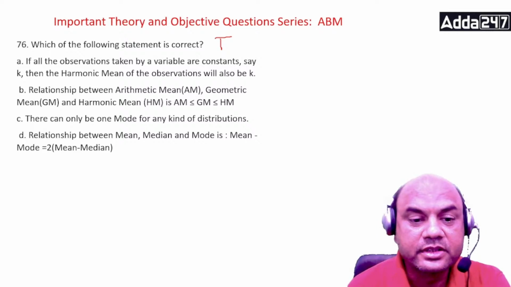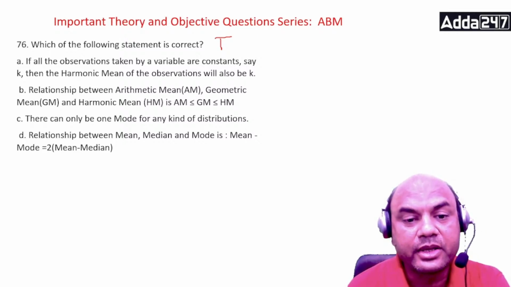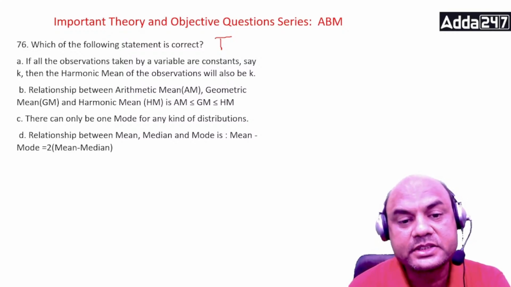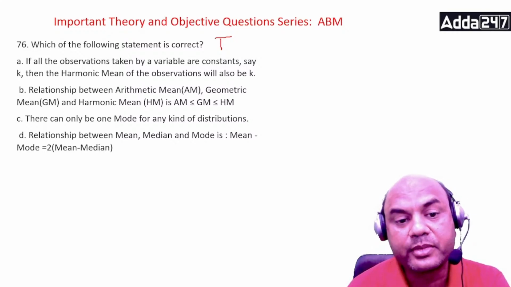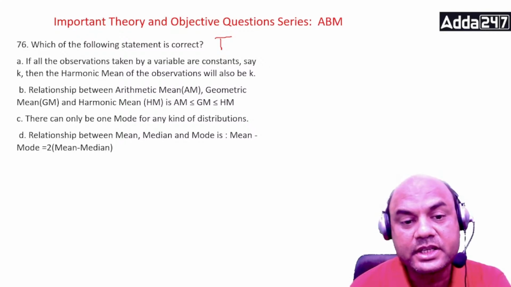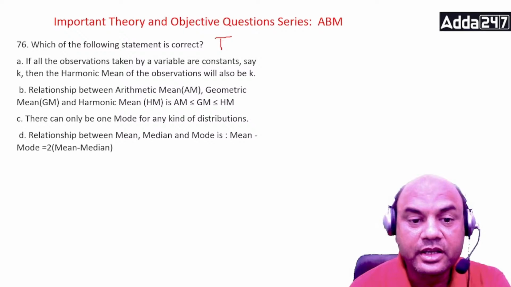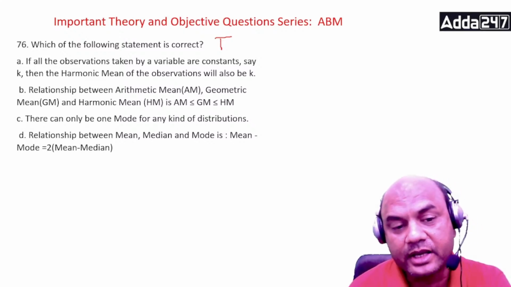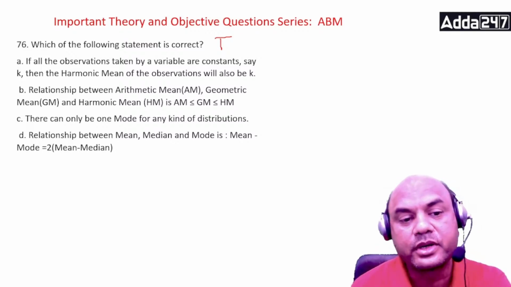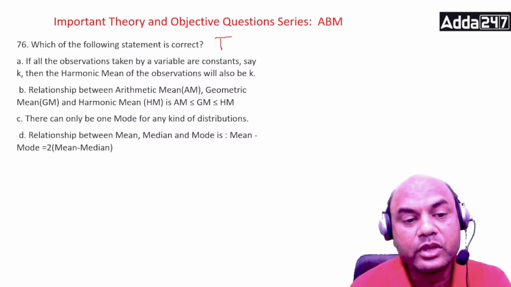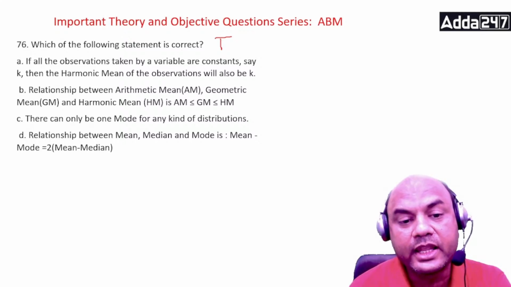The relationship between arithmetic mean, geometric mean and harmonic mean is AM is less than GM is less than HM. So arithmetic mean is the smallest, GM is bigger than that, and harmonic mean is the biggest. Is this the relationship? Let's see. That's for you to answer. There can be only one mode for any kind of distribution.